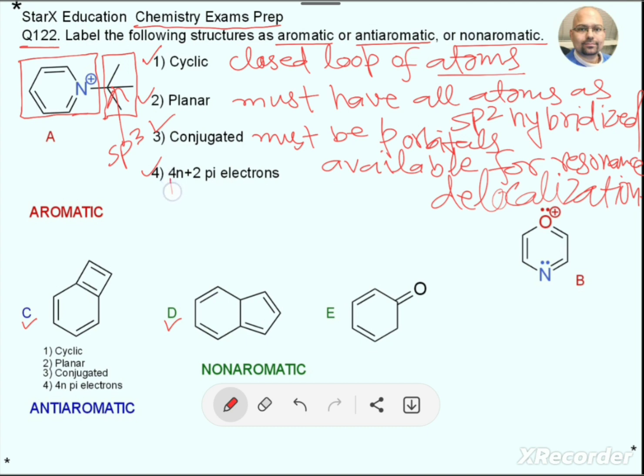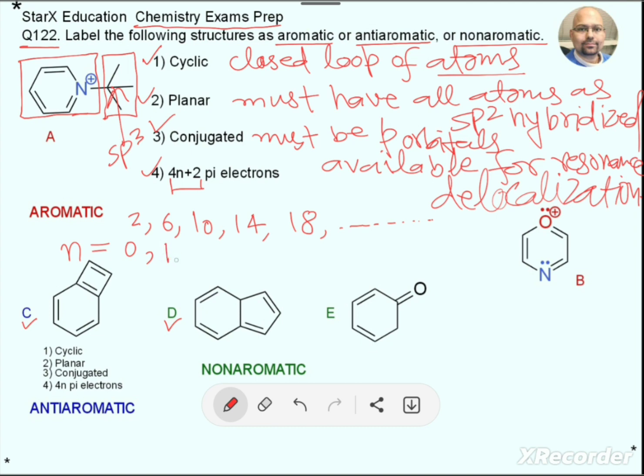This number gives a magic series that involves 2, 6, 10, 14, 18 electrons and so on. This series is generated when n's value is 0, it gives 2.